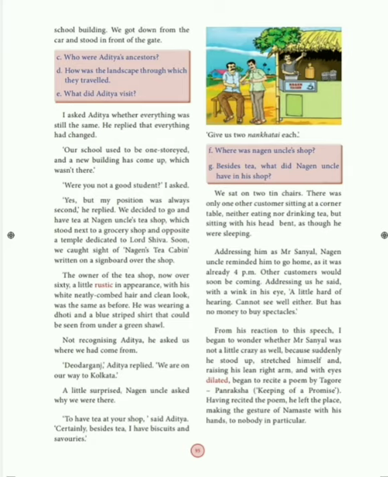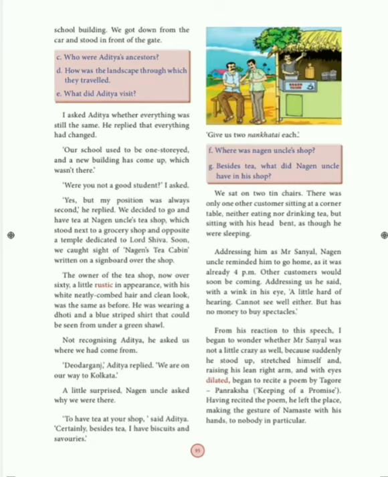Nagan's tea cabin was written there, and the owner of the tea shop is now over 60. Before 29 years he was young, maybe. Nagan uncle was nearly 60 years old, a little rustic in appearance, with a rural look. He has neatly combed hair and a clean look, the same as before.